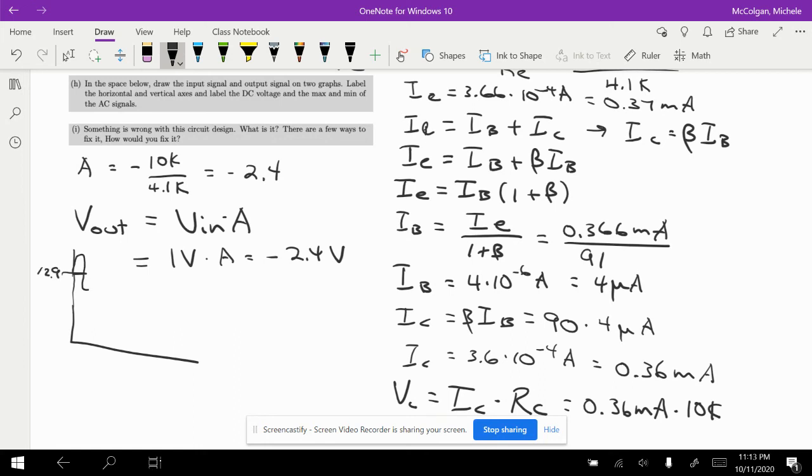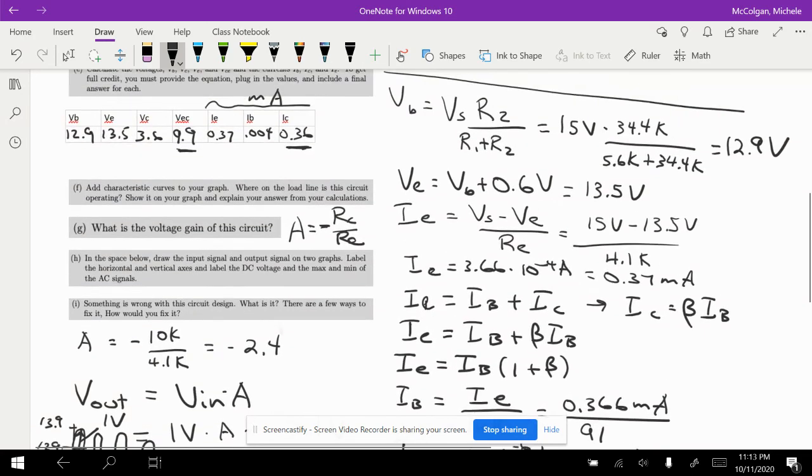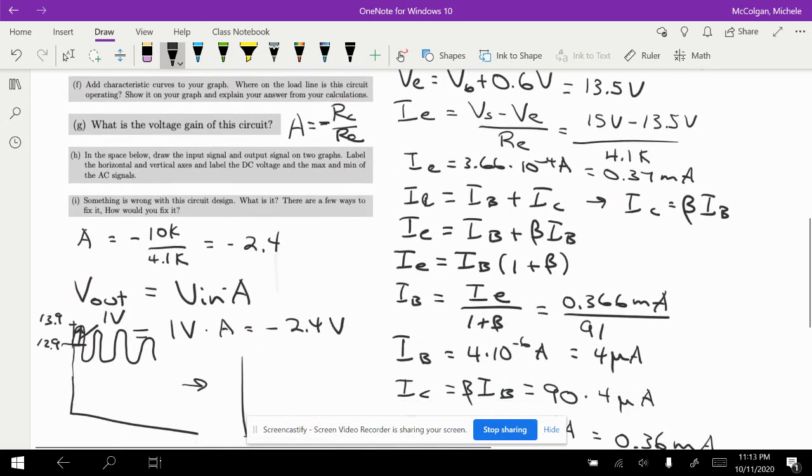It's going to go up to 13.9, so it looks something like that. And then our output signal is going to look like this. Our amplitude from here to here is going to be 1 volt. Now on our VC, the VC value is 3.6 volts.